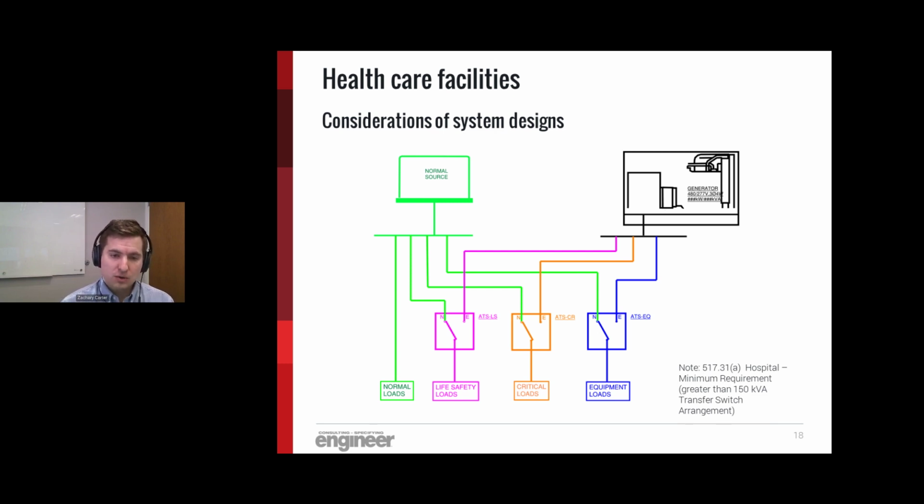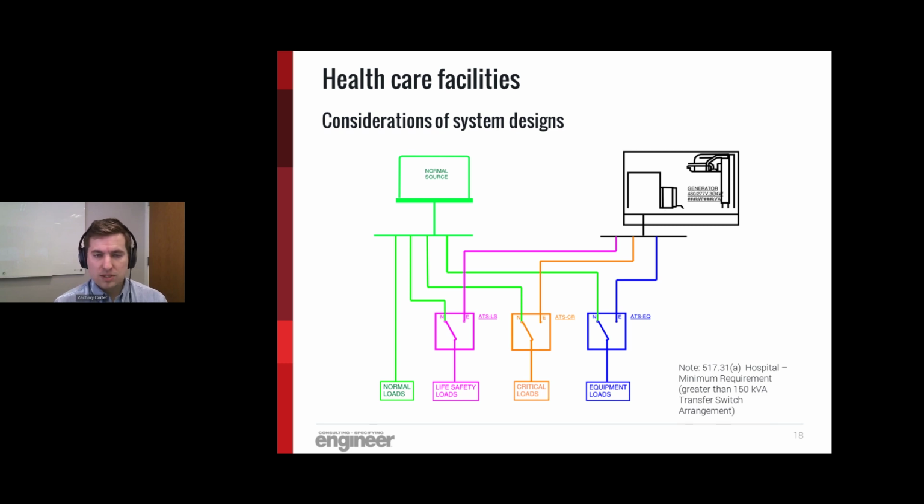For a critical care category 1 space, NFPA 99 requires these 3 different colored transfer switches. This is the transfer switch arrangement that they prescribe. And so we have the life safety, critical, and the equipment branches.